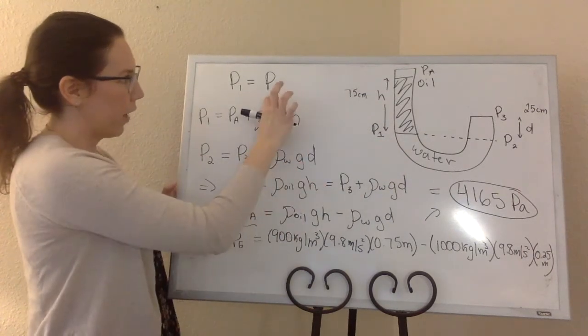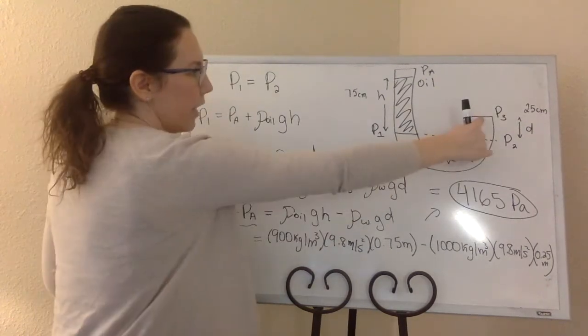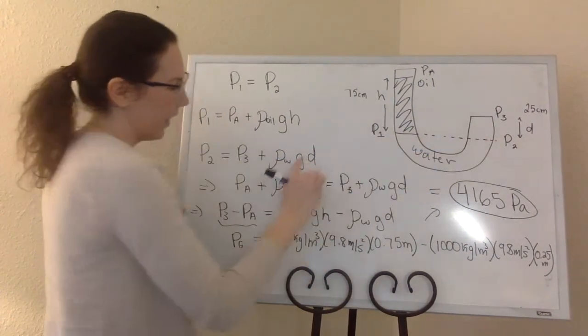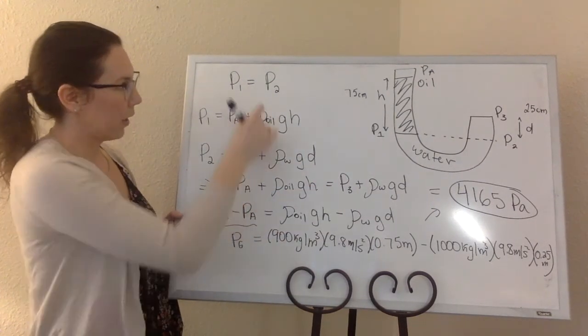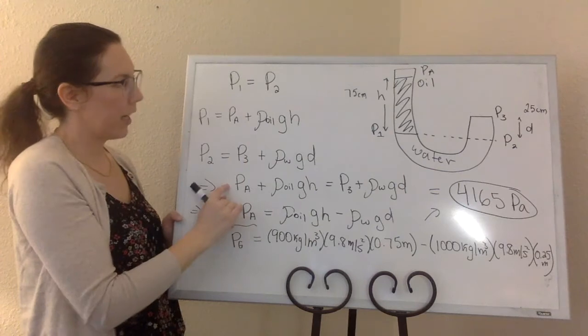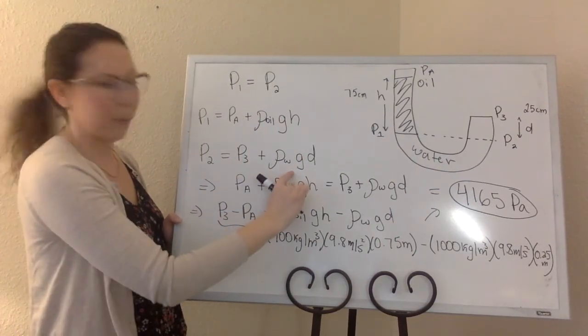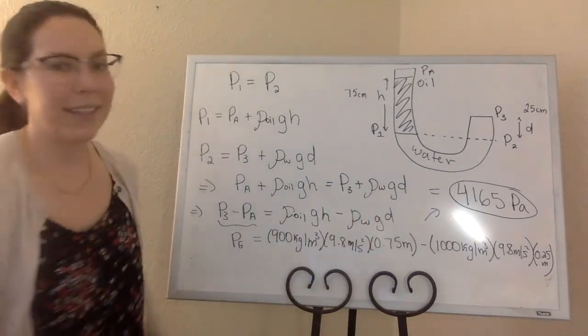And then if I try to find this side from the horizontal line rule, P2 equals P3 at the top of the region plus rho water, it's water here, G and then D. Now in this step I can equate them. So I'm applying the rule here, putting P1, this expression, equal to P2, this side here. And I know I want to find gauge pressure.